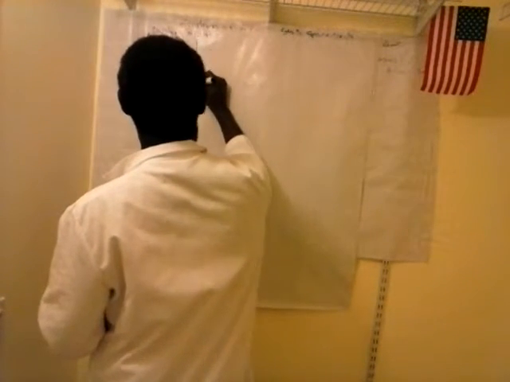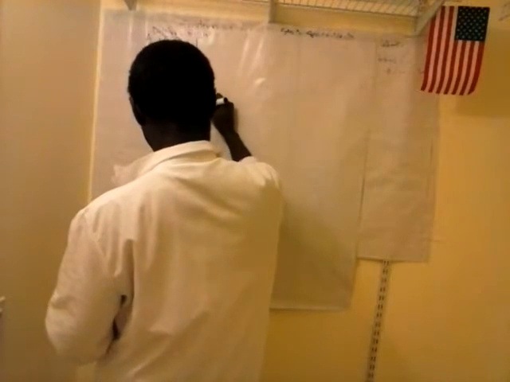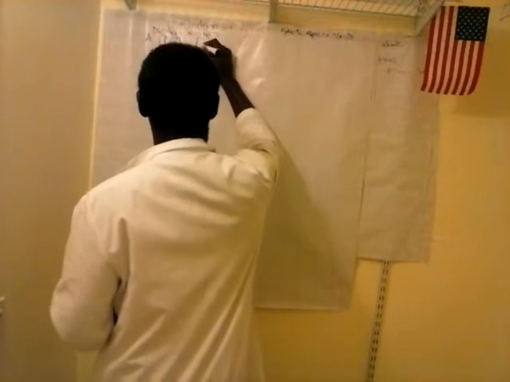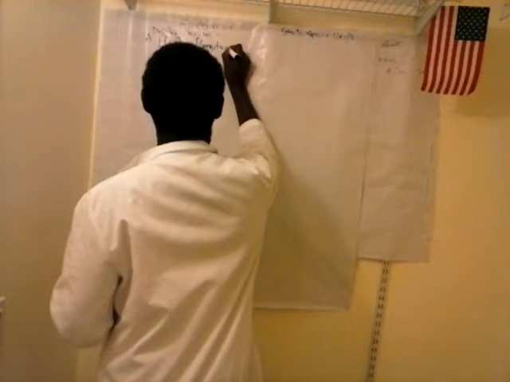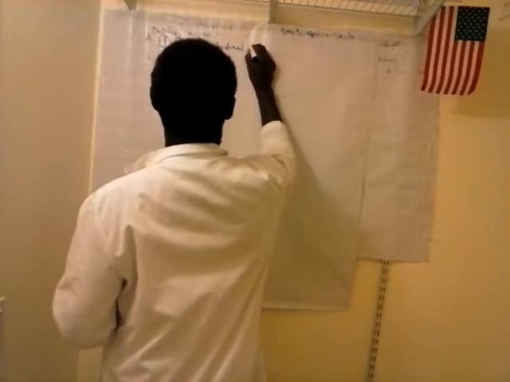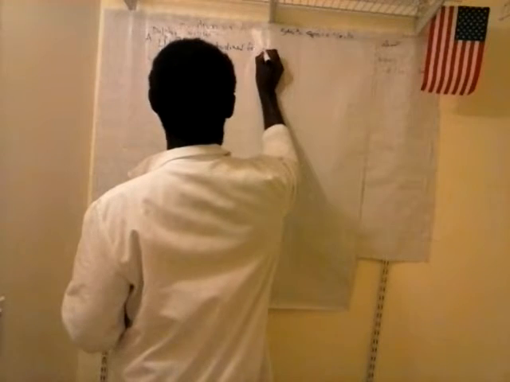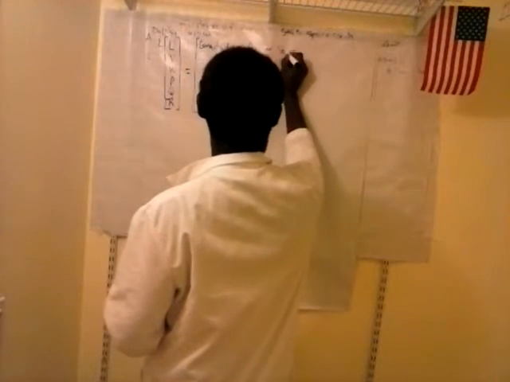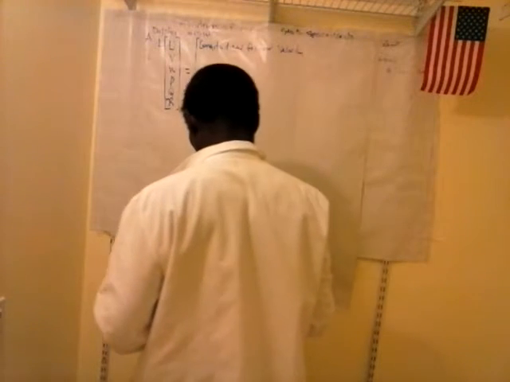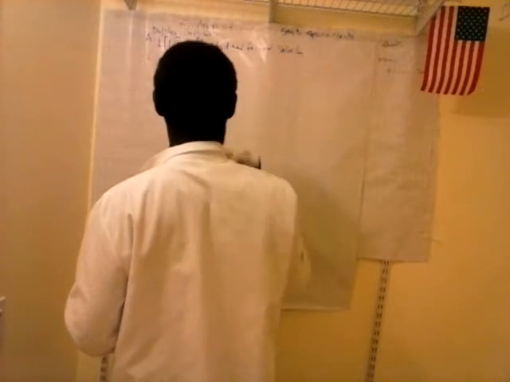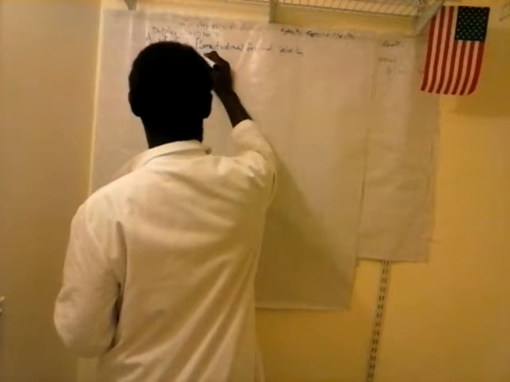We say now the U is equal now to longitudinal forward velocity of the aircraft. V is equal to the lateral or transverse velocity.